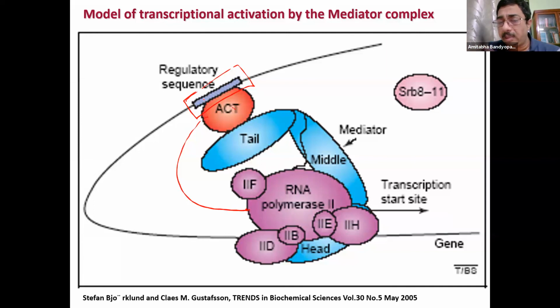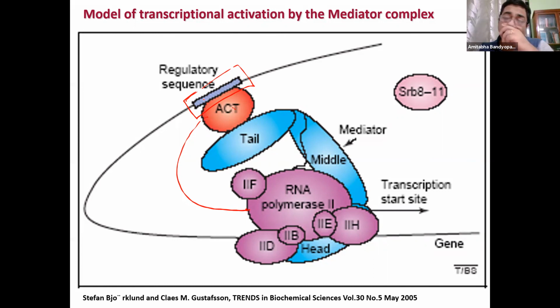Whether transcription will happen or not, whether it will happen a lot, at a basal level, or at some intermediate level, is all determined by the rate of recruitment of RNA-pol2 to the promoter. Now, RNA-pol2 by itself is recruited to the promoter, but the rate must be very low.